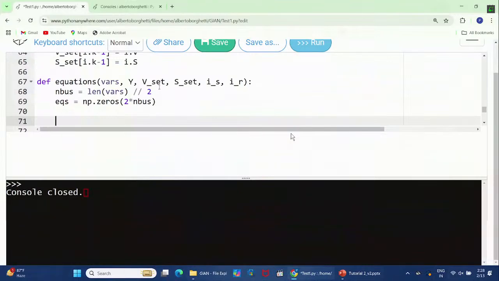So I put them in order in this way. So this is vars. And so I can define the angles and also the RMS value of the voltage, the magnitude, the modulus of the voltage. So for the modulus I will put abs_V, and this is the angle.